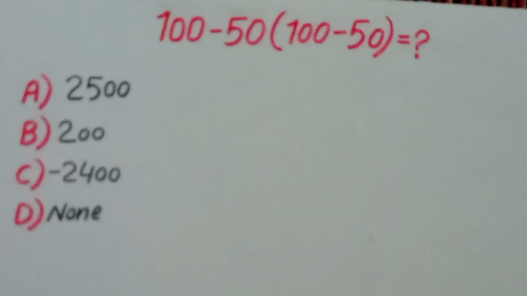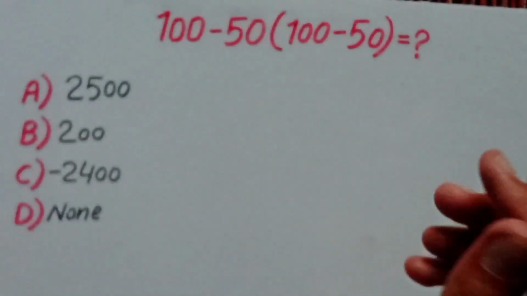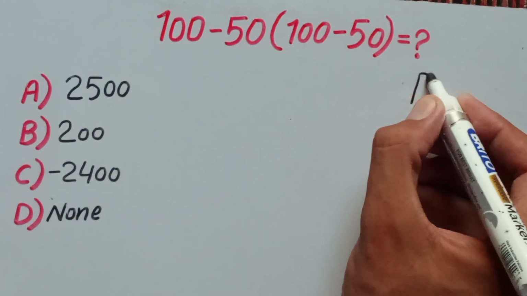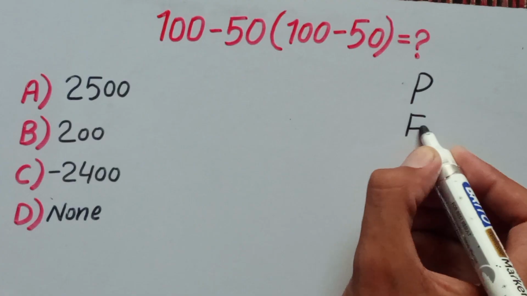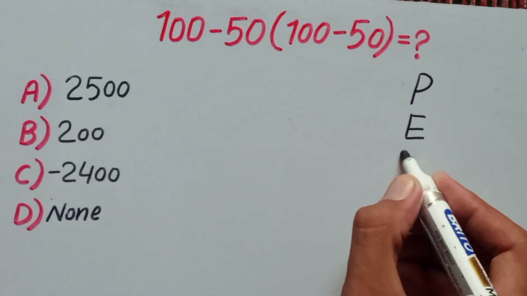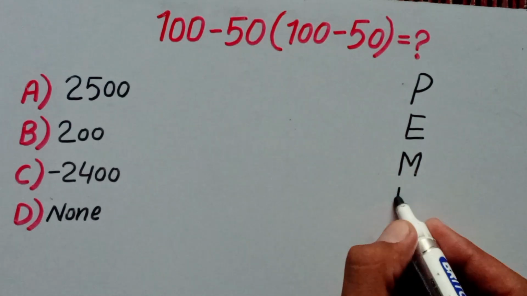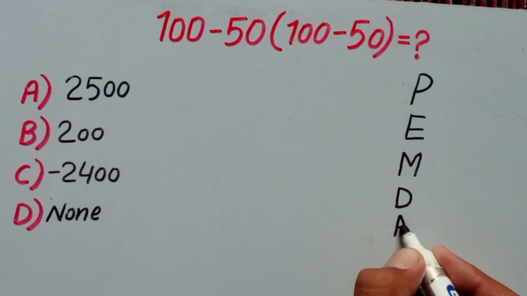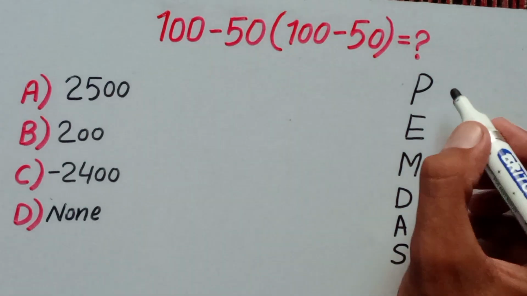In this video, first of all, I will explain the basic order of operations rule, which is called PEMDAS, where P stands for parentheses, E stands for exponent, M stands for multiplication, D stands for division, A stands for addition, and S stands for subtraction.